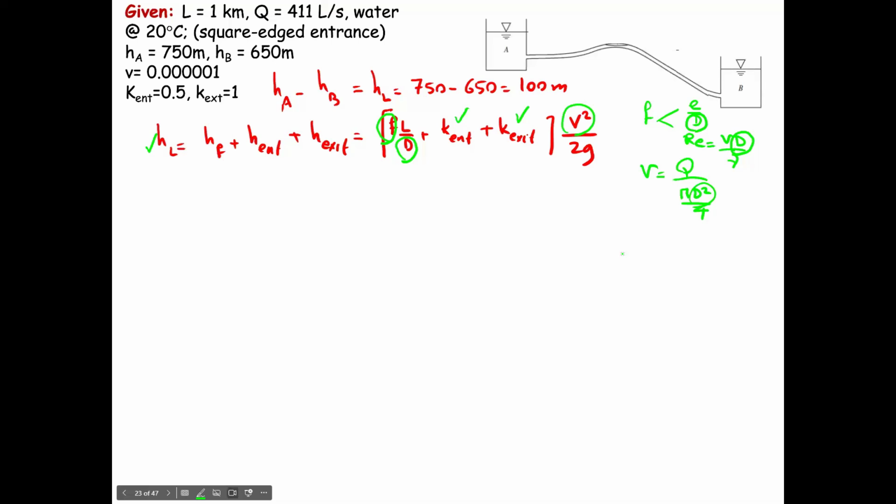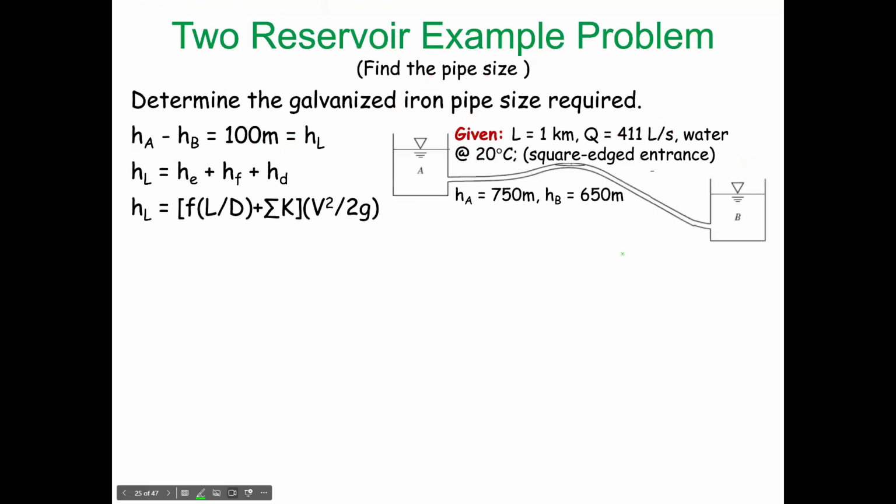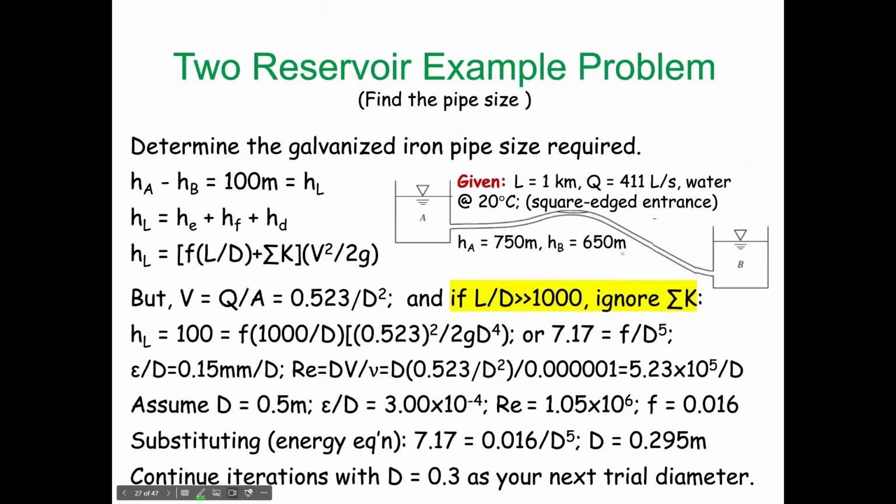The assumption here is, let me show it here maybe. Here is the one. If your L over D is a large number, like you have a pretty good amount of length and the diameter is not very big, so you can ignore the minors.